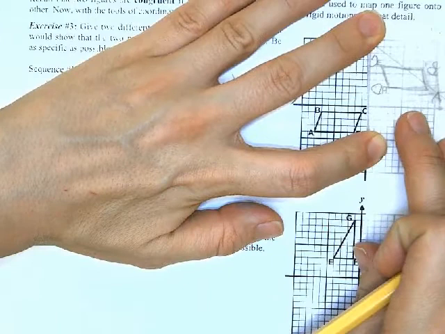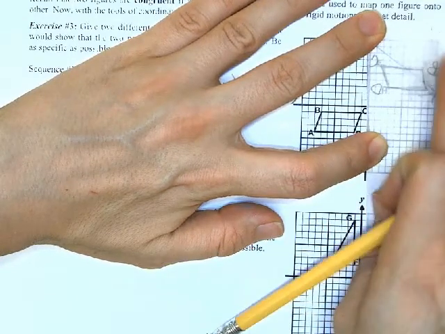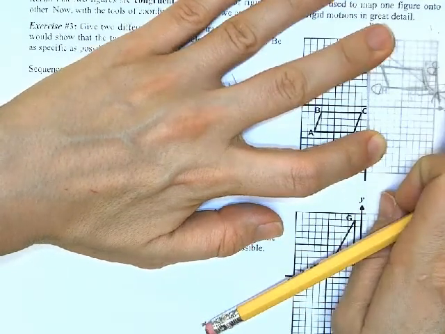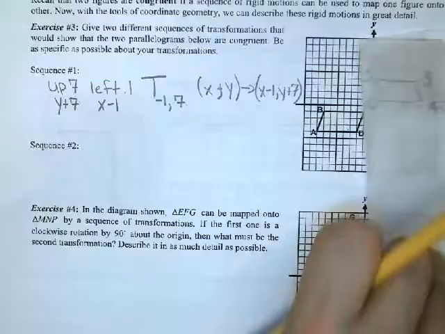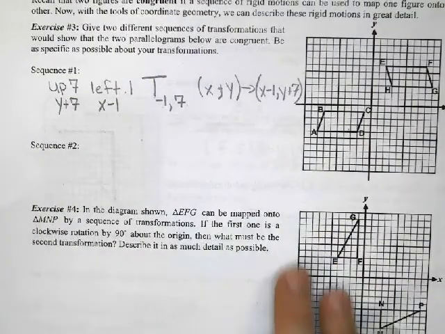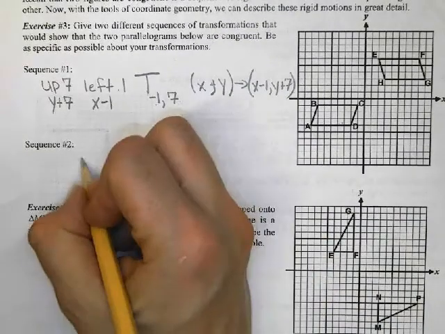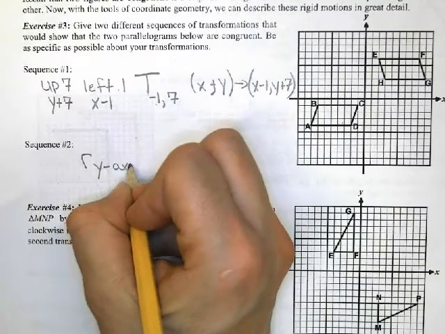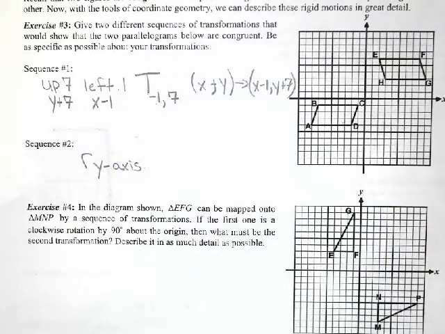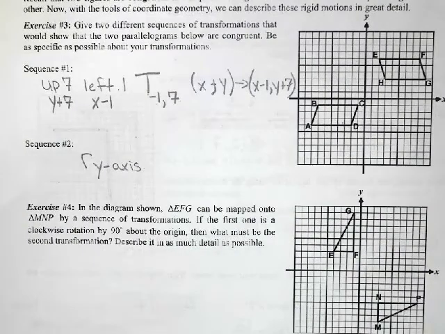My image landed on top of the other image, which is why the only thing we can see is A, B, C, and D. So my second transformation, and this isn't the only sequence you can use, but it is one of them, was a reflection across the y-axis. I just wanted to model what that would look like.